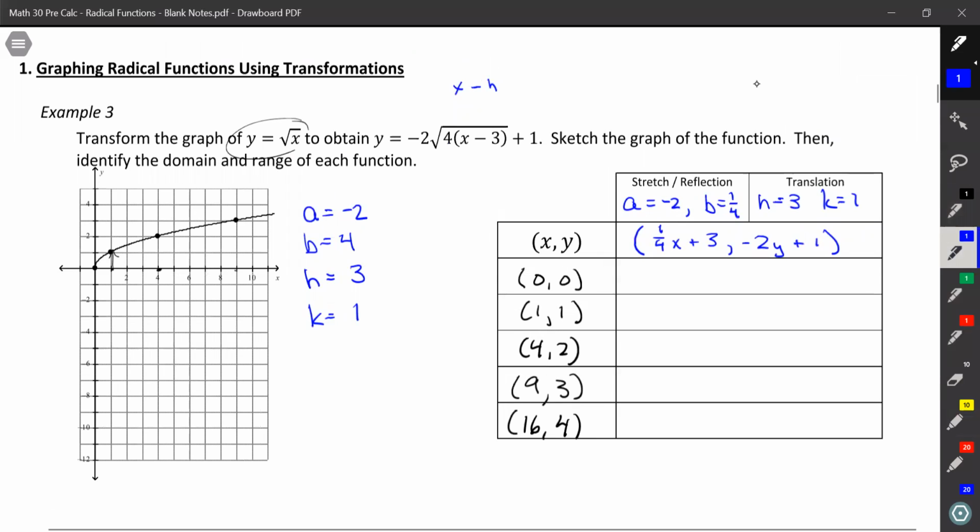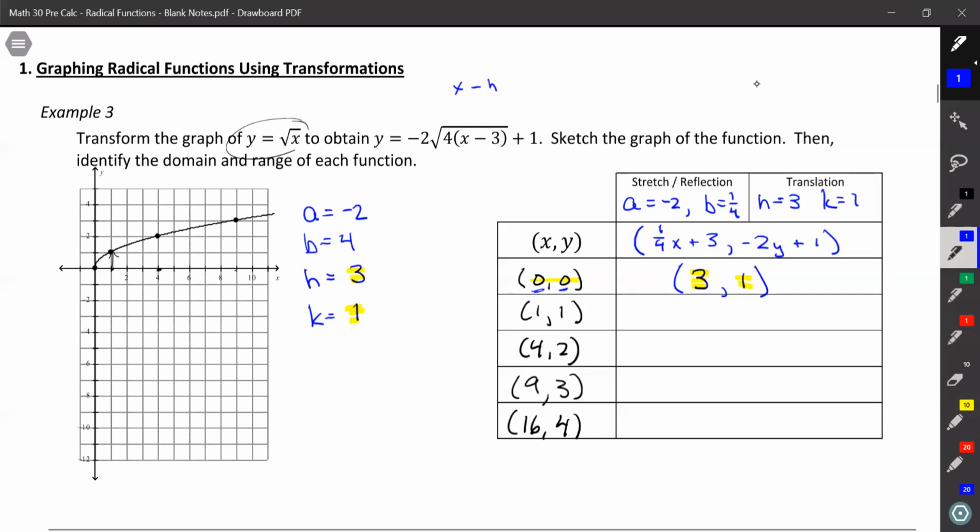1/4 x, so 1/4 times 0 plus 3 is 3. -2 times y, which is -2 times 0, plus 1 is 1. And what you should notice is because it is the origin, these values are your h and k values like we discussed previously.